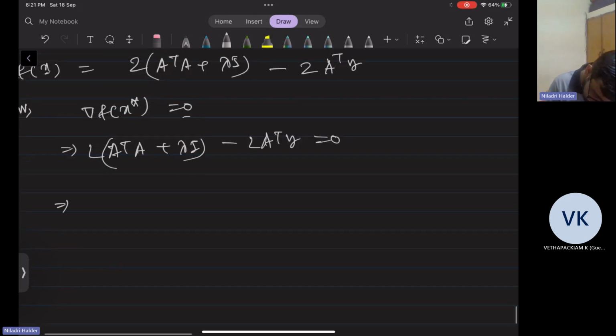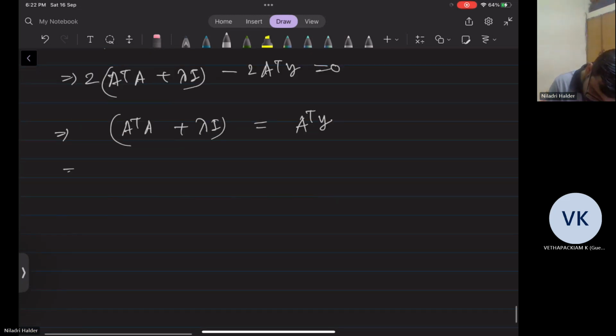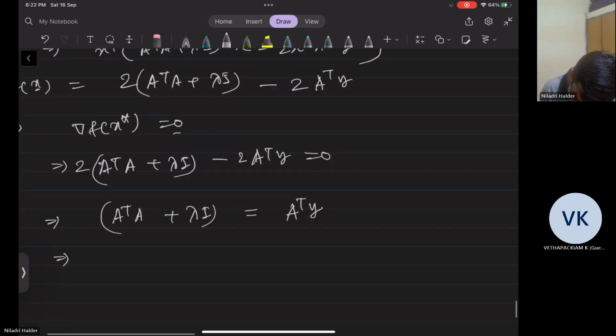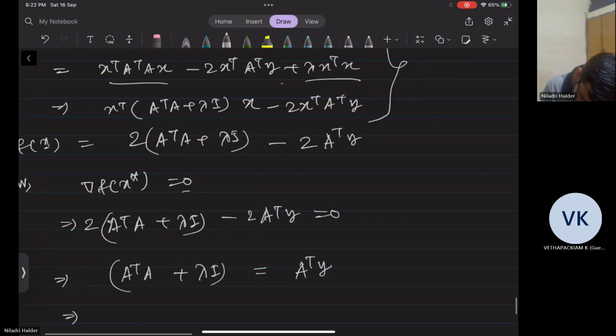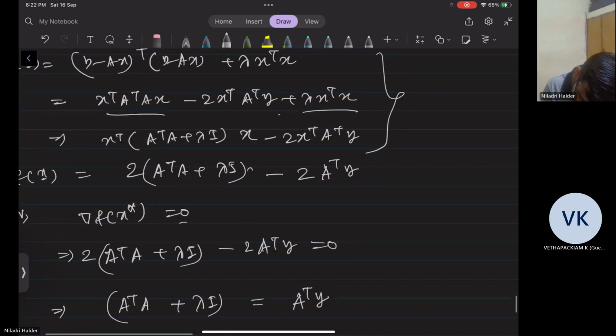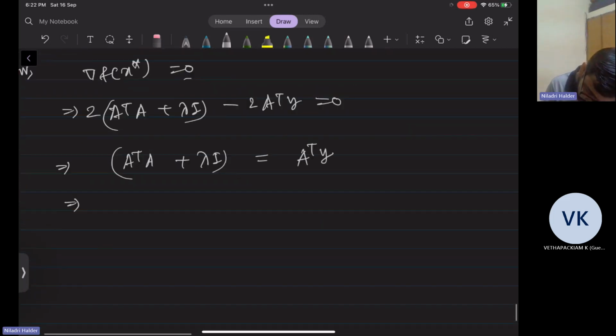Now we can write down A transpose A plus lambda I equal to A transpose y. One minute, there will be x here, right? There will be x here.